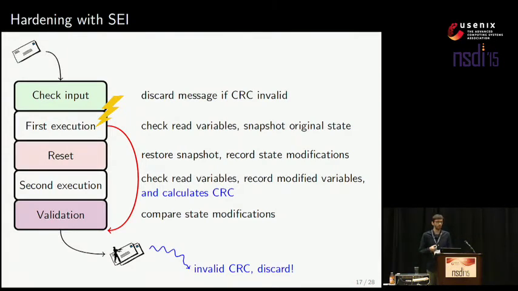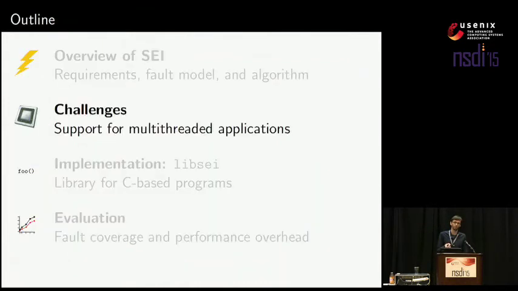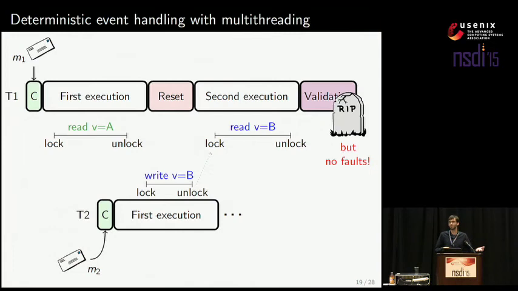So now I'm going to give some details about one of the challenges we had to deal with while supporting multi-threaded applications. As you can imagine, we re-execute the event handlers, so they have to read the same values from the memory in both executions, so they have to be deterministic.